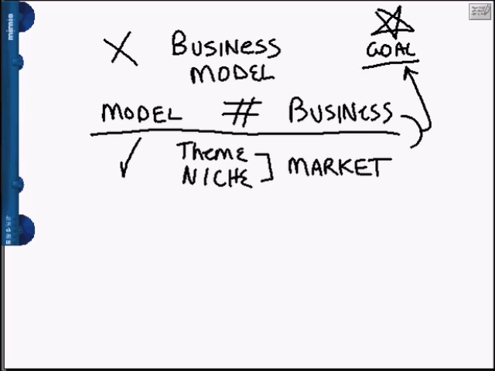And we're going to show you how to do that, but I want you to understand you've got the business model. This part is you're good to go here. The work is you've got to make sure that you have the good theme or niche market and that you understand explicitly what it is that your goal is, what you're focused on, and what you want to have happen in your life and in your business.